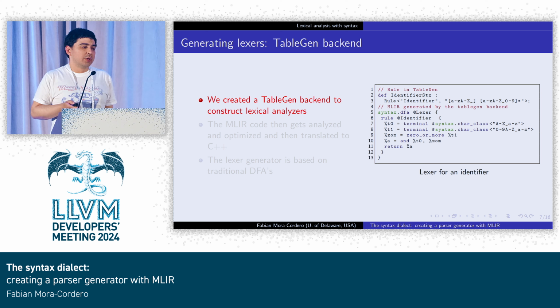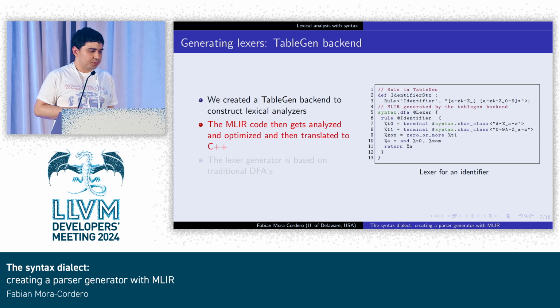And it starts with a pretty high-level description in TableGen, just saying, hey, this is going to be one of the rules, like for an identifier, and that will produce the full MLIR code.